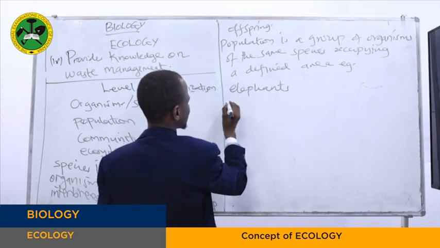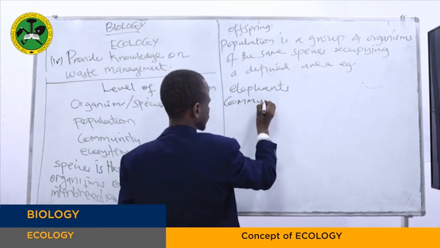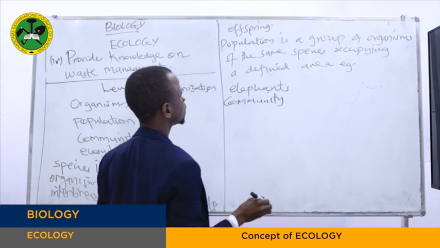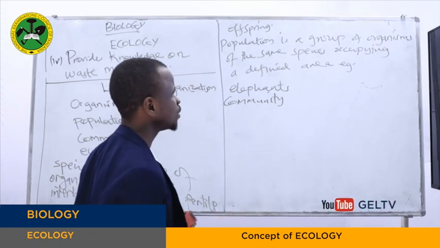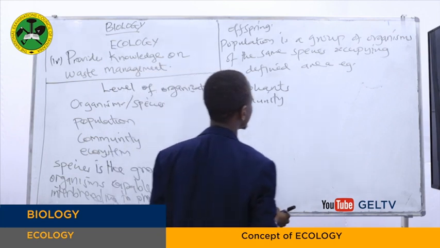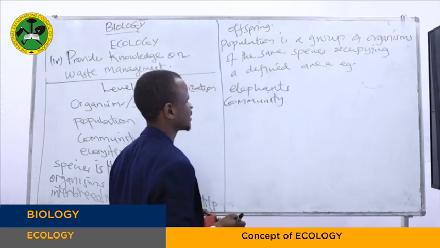Now after that, let us see community. Community is a group of organisms of different species occupying a defined area while interacting.